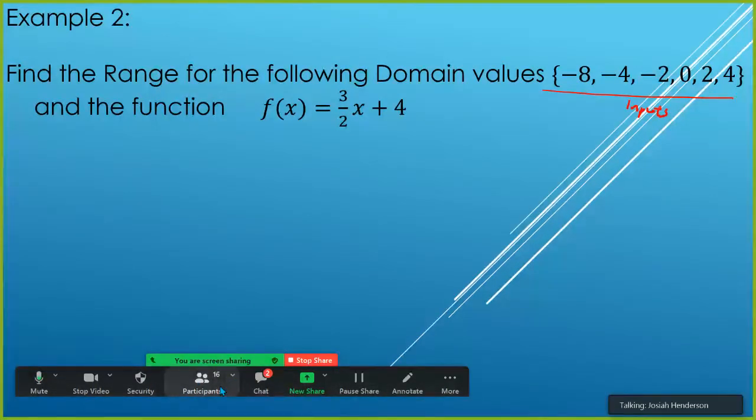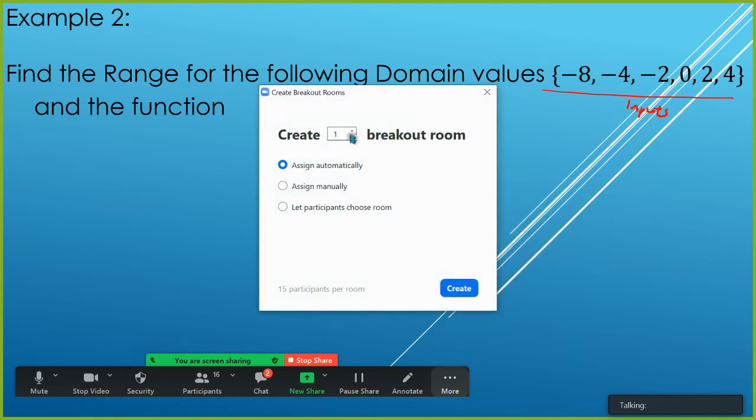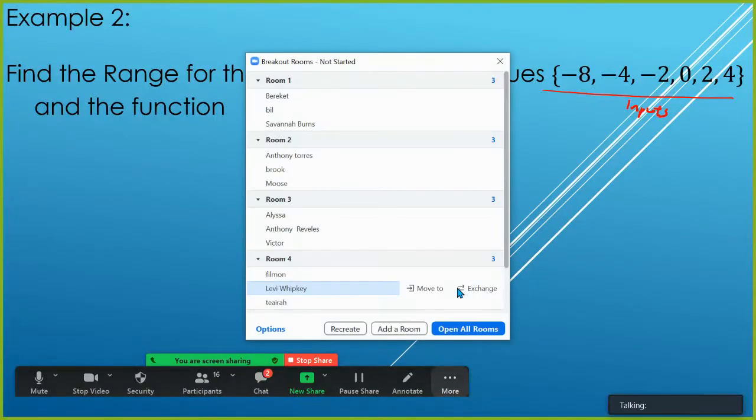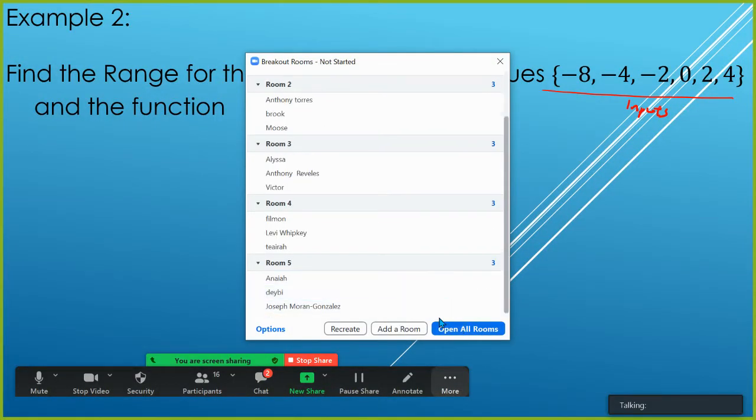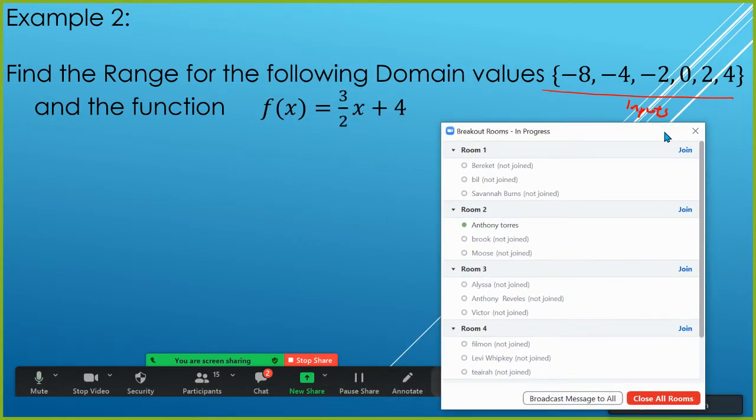So I'm going to make some breakout rooms, and I want you to try working together on these. You can split up the work. You can do them as a group, one at a time. Okay, just 3 people in a room. So go ahead and join the different room that you're going to get the invite for. And if you need to write down this problem first, I don't blame you. Go ahead and write it down.